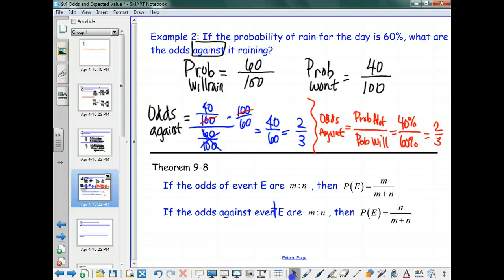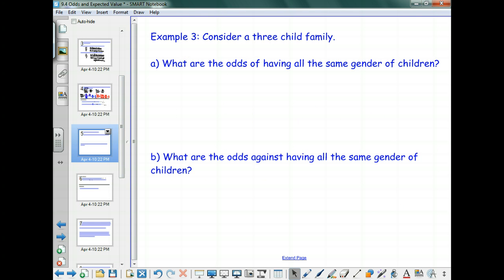Down here, same thing, except instead of the top being an M, it's an N, which represents the number of ways something does not happen. If you want to turn things back into a probability, you simply add the number of ways something happens and the number of ways something doesn't happen together for your denominator. Let's do one so you can see what happens. We've got a 3-child family, because they're fun to work with, right?